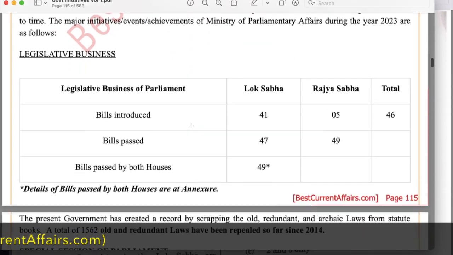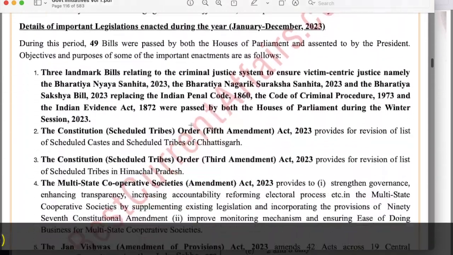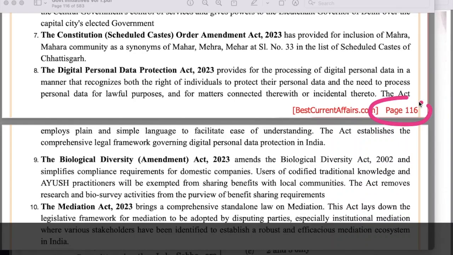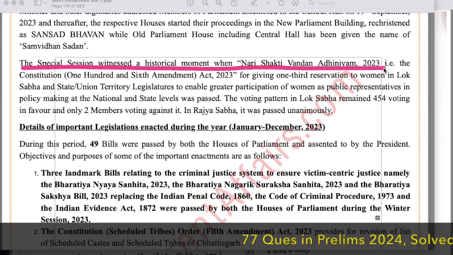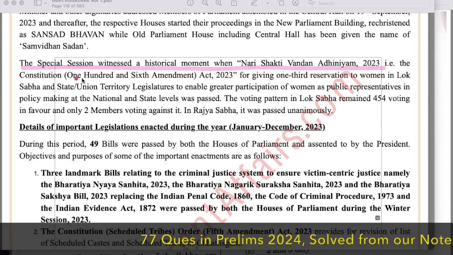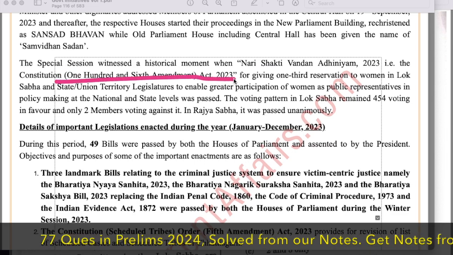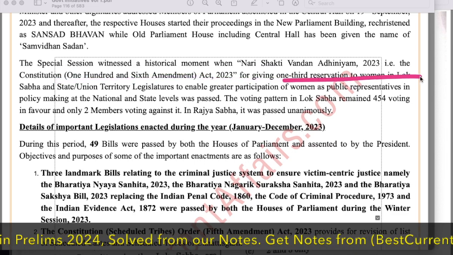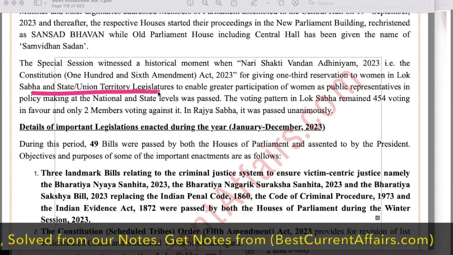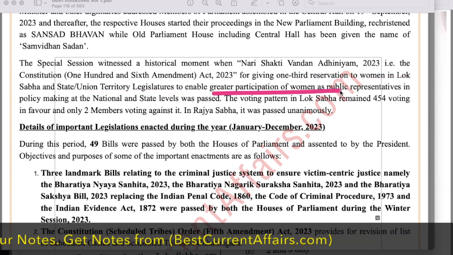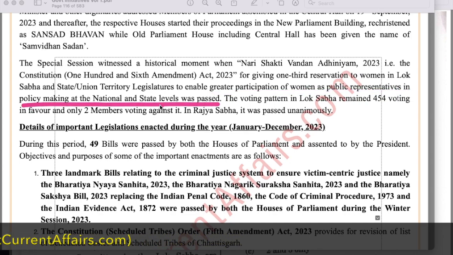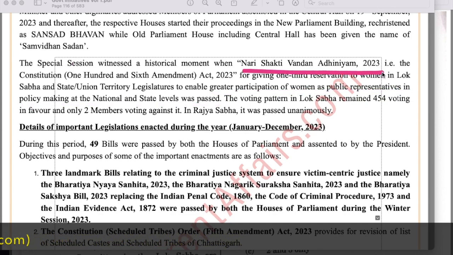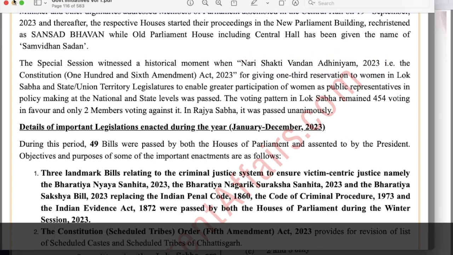Here it is mentioned on page number 116 that a special session witnessed a historical moment when the Nari Shakti Vandan Adhiniyam 2023, that is the Constitution 106th Amendment Act 2023, for giving one-third reservation to women in Lok Sabha and UTs and Union Legislature, to enable greater participation of women as public representatives in policy making, was passed. So Nari Shakti Vandan Adhiniyam is the women's reservation bill.